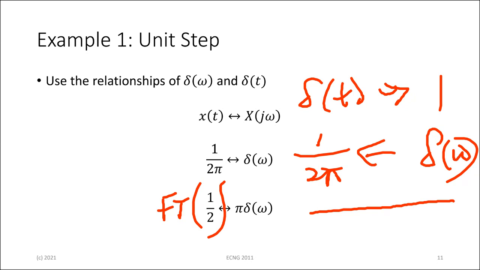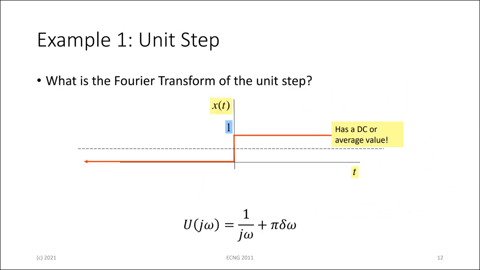Kind of strange to figure out, but that's what happens with the dual domains that we're dealing with here. So the complete answer, therefore, is that the Fourier transform of a unit step is 1 over j omega, plus an impulse at omega equal to 0.